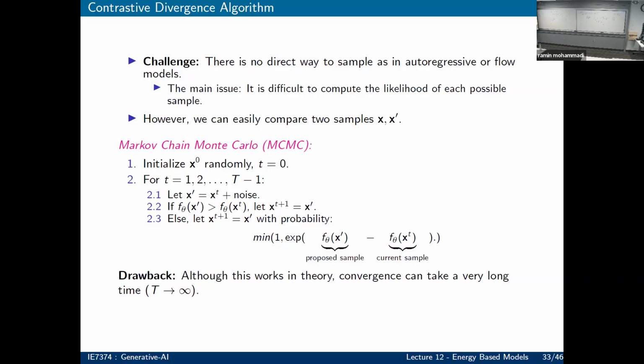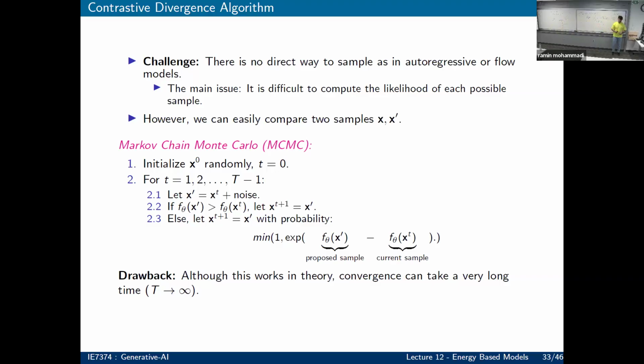So if you do exponential of f theta x1 over z theta divided by exponential of f theta x2 over z theta, you technically don't need the z theta, so that term comes out. Right? So you need z theta for certain things, but if you try to compare 2 samples to each other, you actually don't need the z theta.